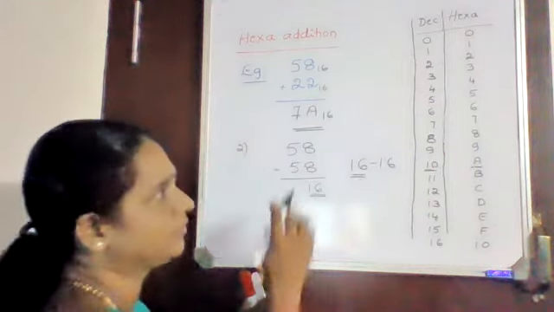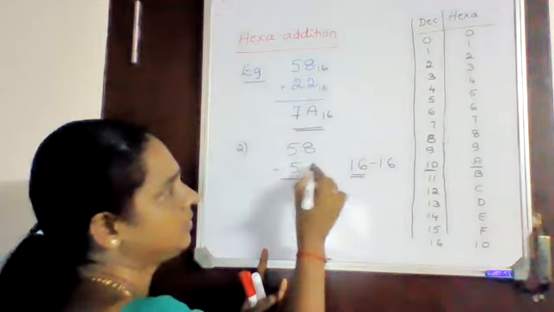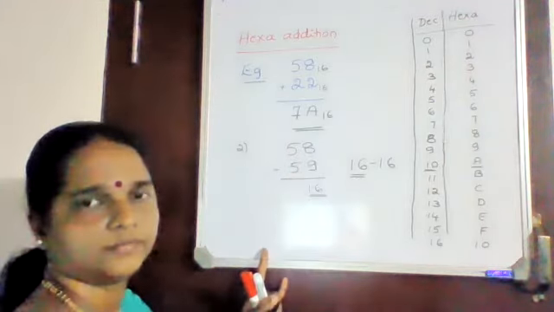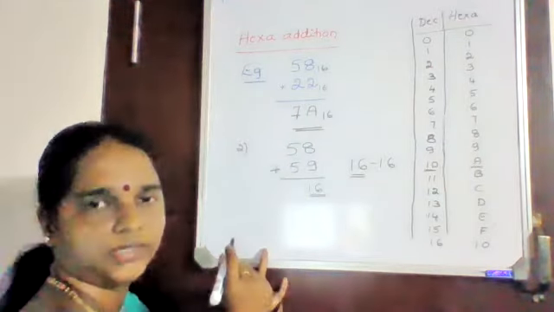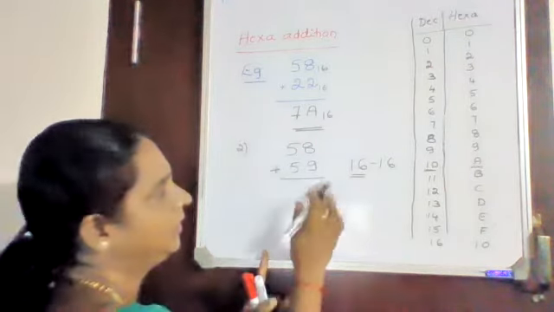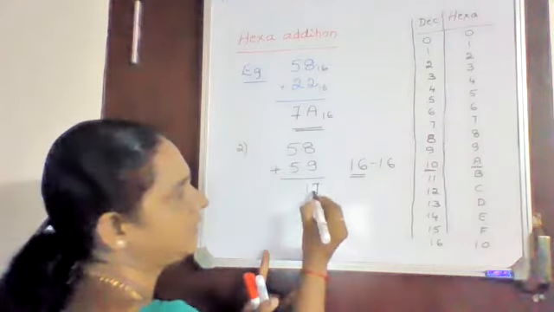If it's confusing, let us change this to 9. We'll make it 59. Now 58 is added with 59, and the sum is 17.